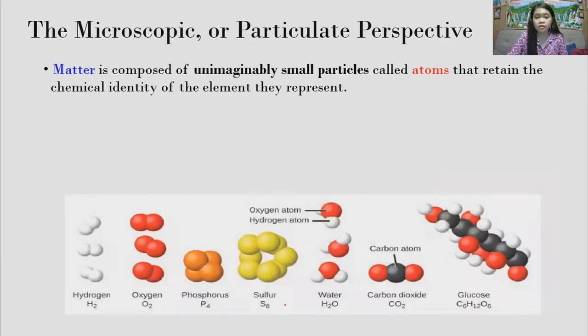Now we look at the study of chemistry from a microscopic or particulate perspective. First, matter is mainly composed of unimaginably small particles called atoms that retain the chemical identity of the element they represent.